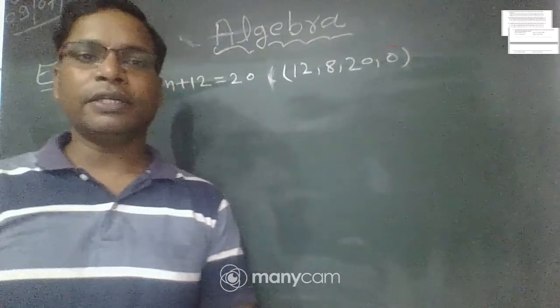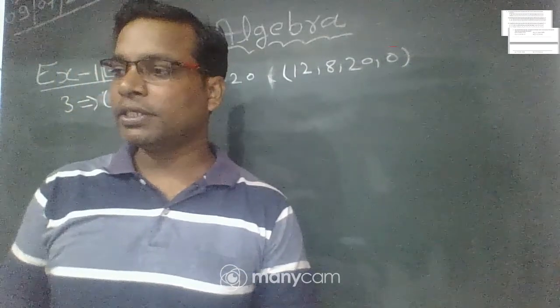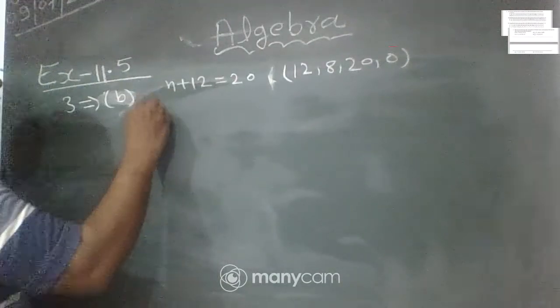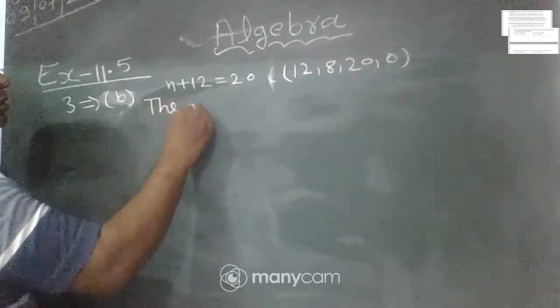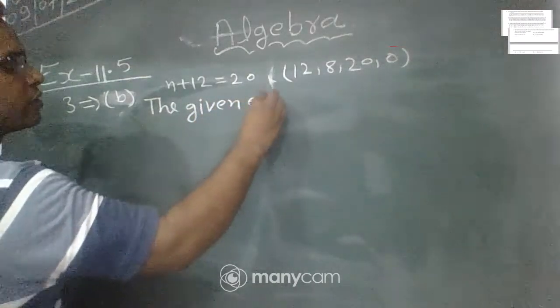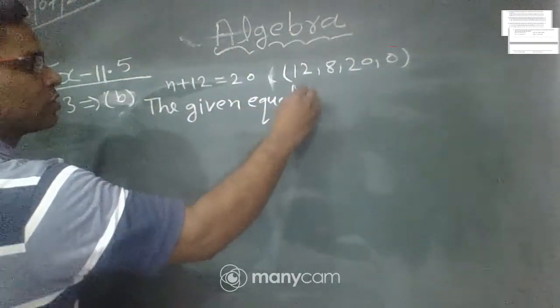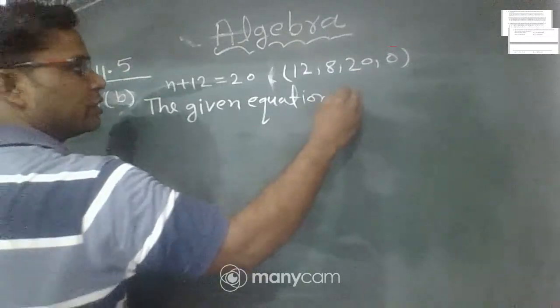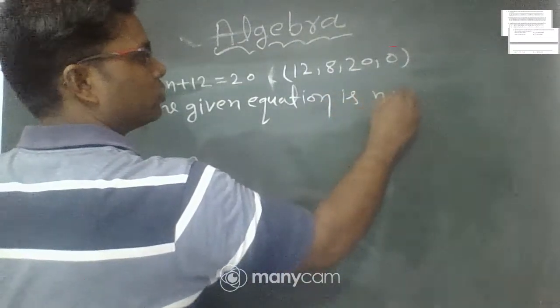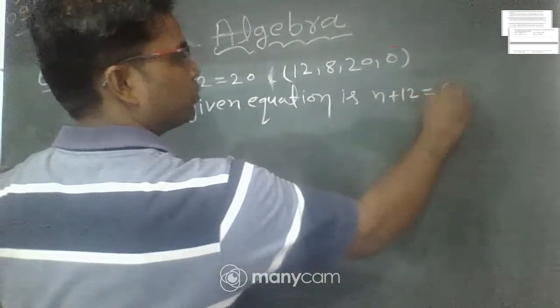So first we write the given equation, n plus 12 is equal to 20.